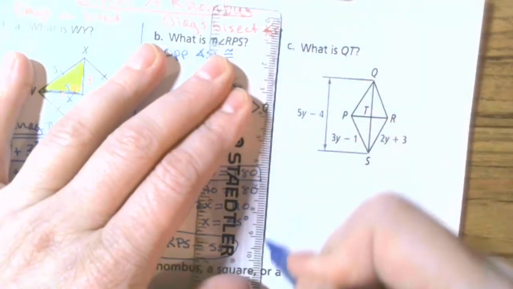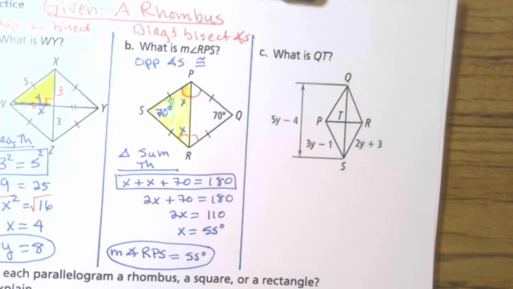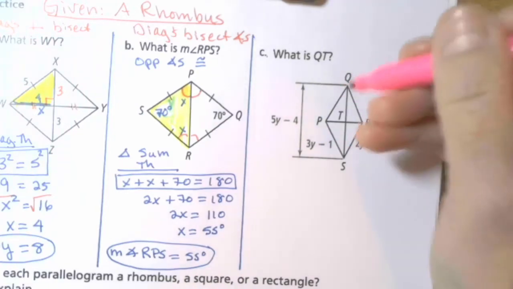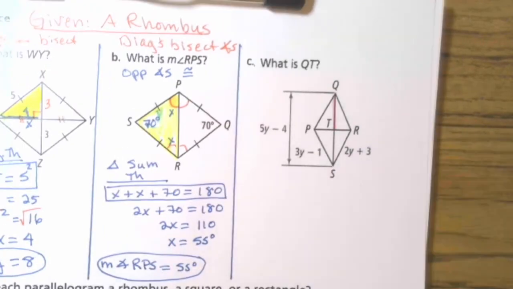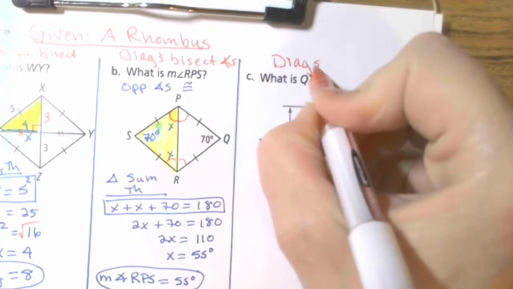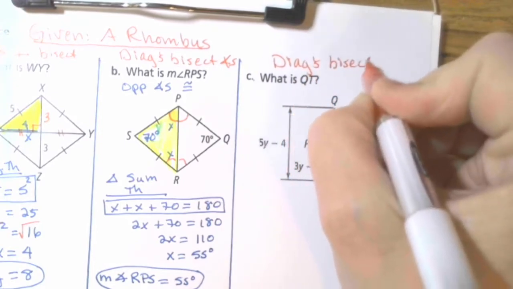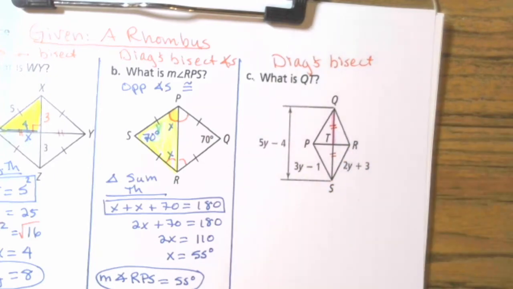Okay, we are trying to find QT, which is this one. And let's use our theorems. This is a rhombus, so the diagonals bisect, which means QT and TS are the same.